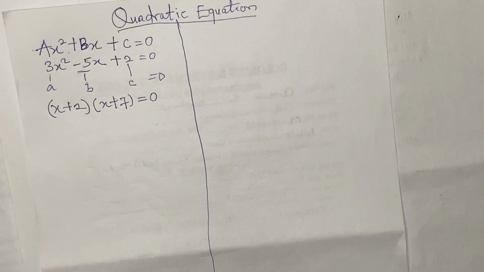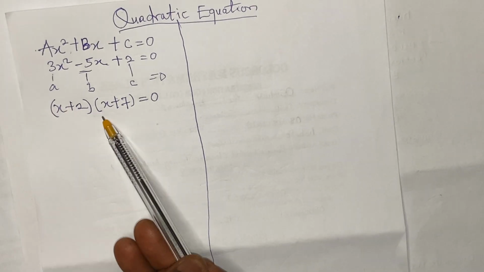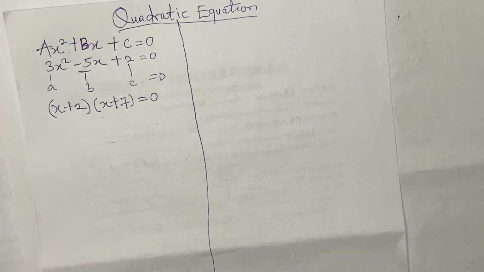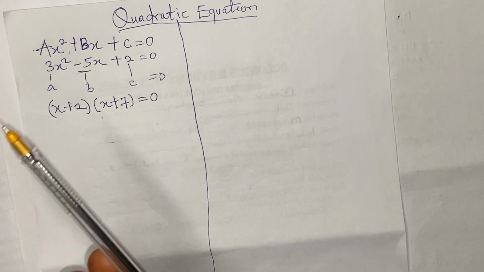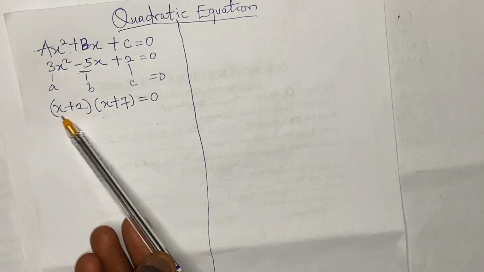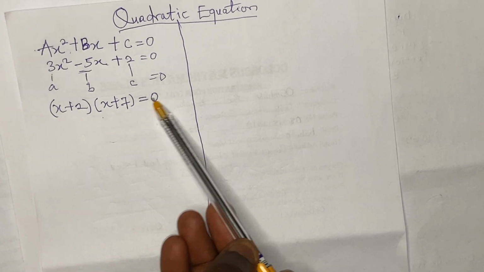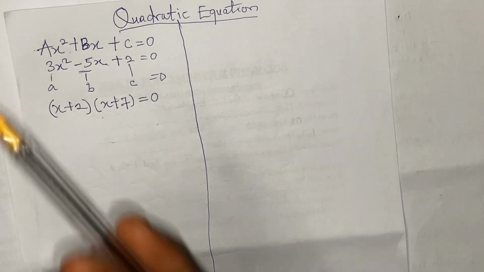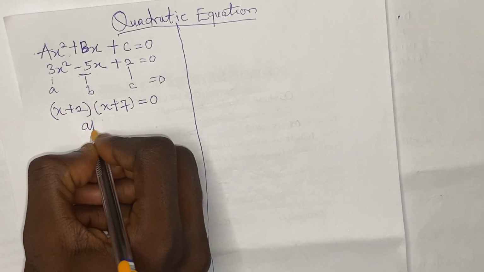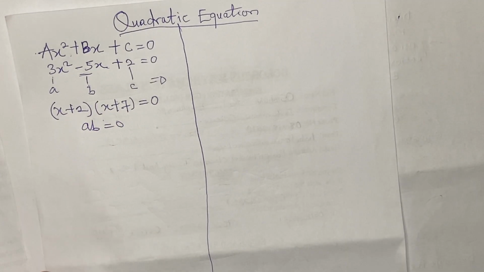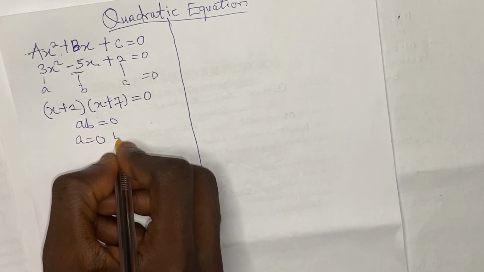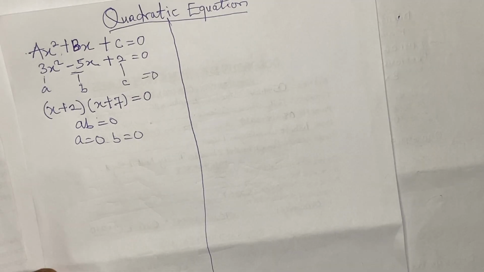Since it's a quadratic equation, because if I say x times x, I will get x squared, what you are going to do is say this part equals 0 and this part equals 0. So when you have something like AB equal to 0 in quadratic form, it means a equals 0 or b equals 0.